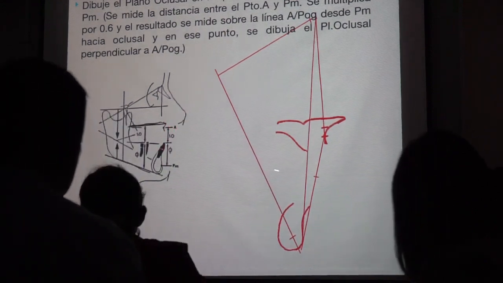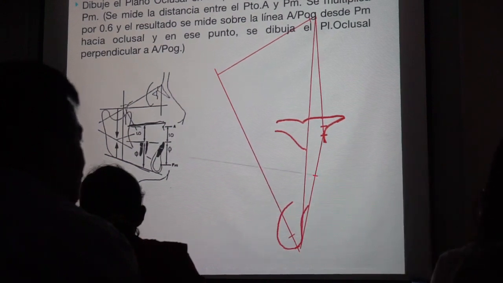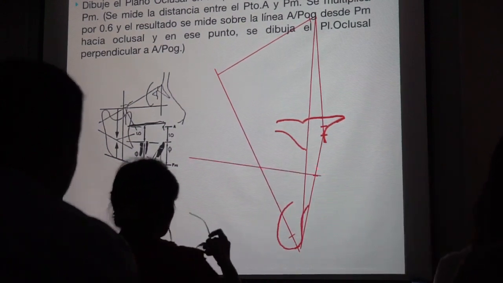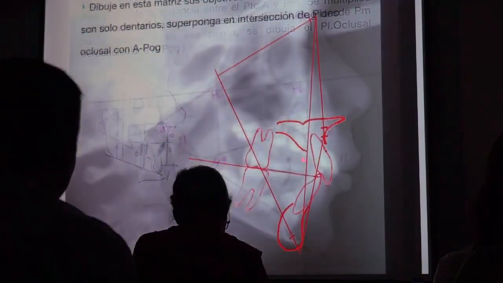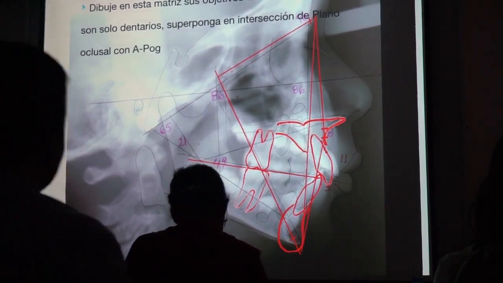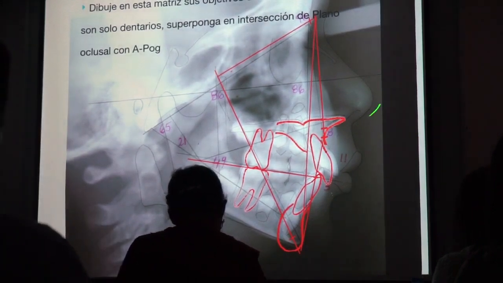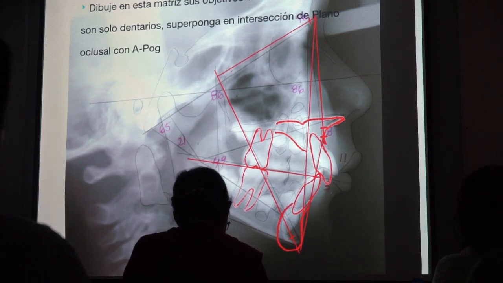You calculate where is going to be the occlusal plane. You trace 90 degrees. And after that, you put in here your dental objectives. And then you can superimpose and see what you need with the treatment.